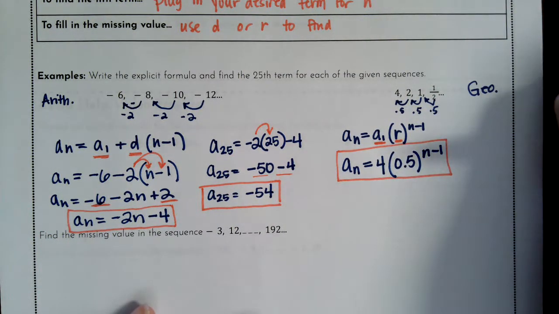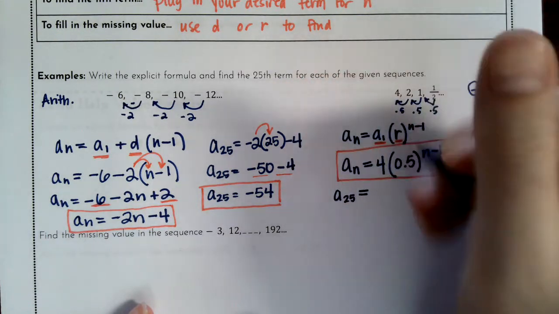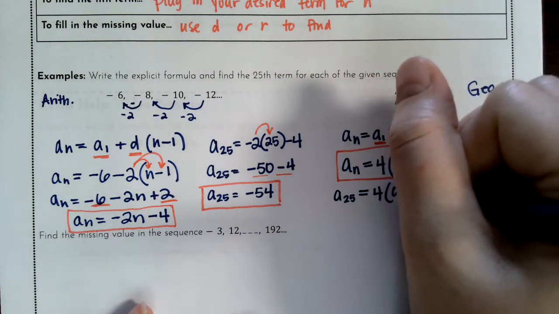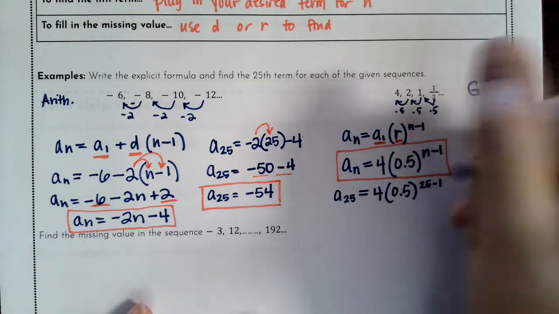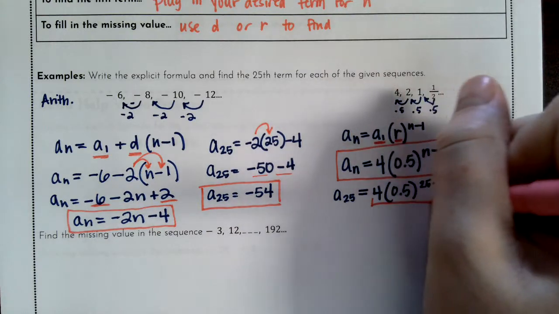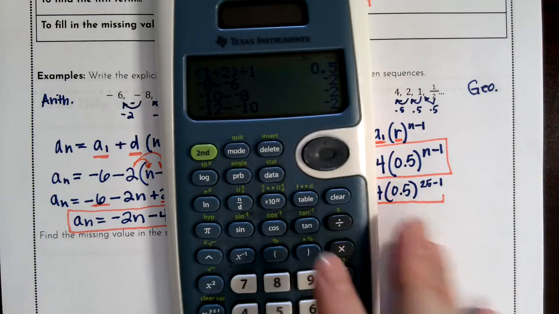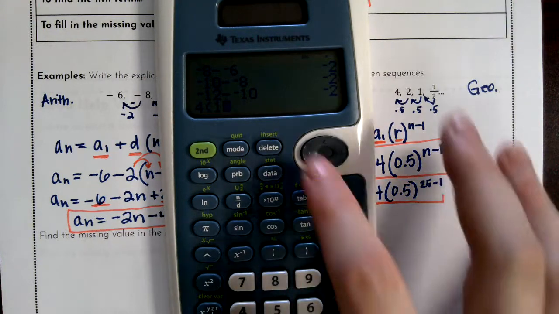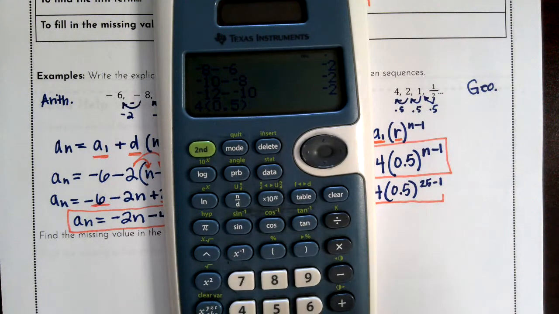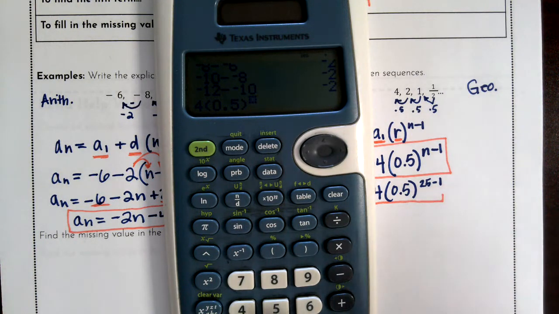Now for the 25th term, I'm going to plug in 25 for my n. And you can just type all of this into your calculator exactly as it is. So you can have 4 parentheses 0.5, and then in the exponent is 25 minus 1, or just 24.